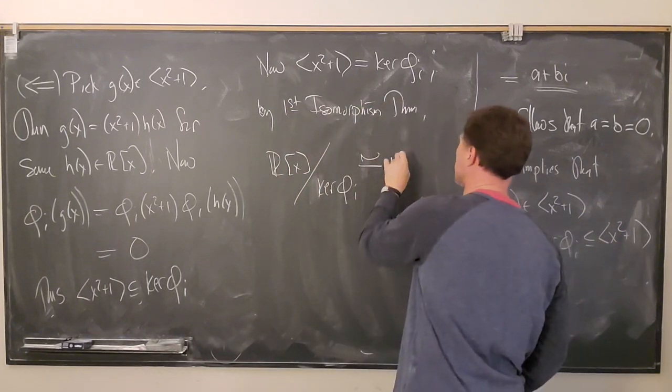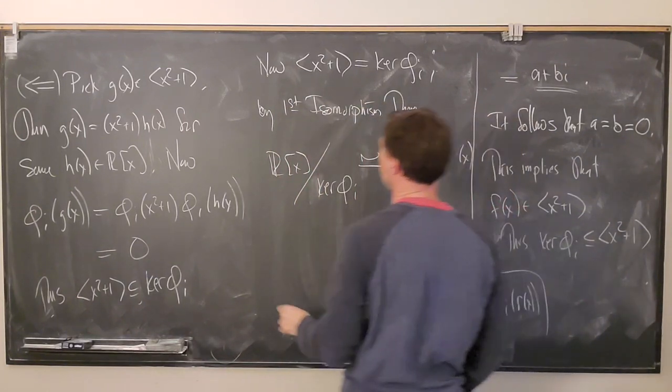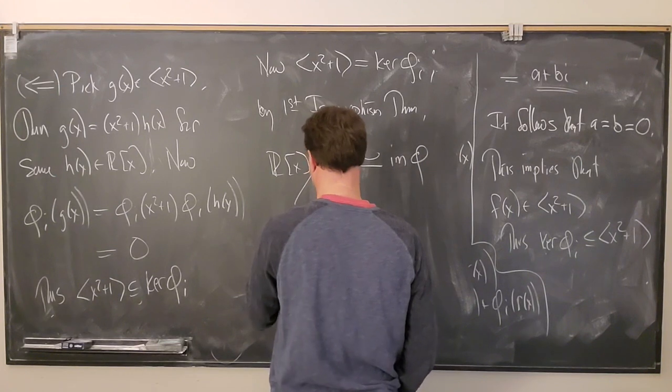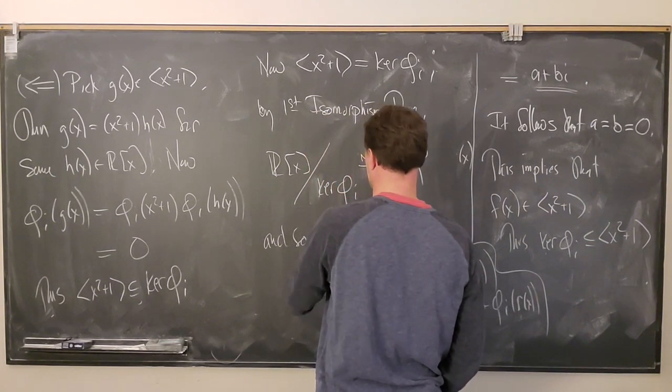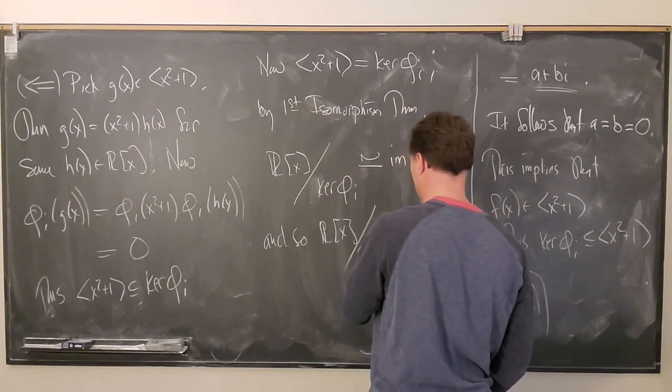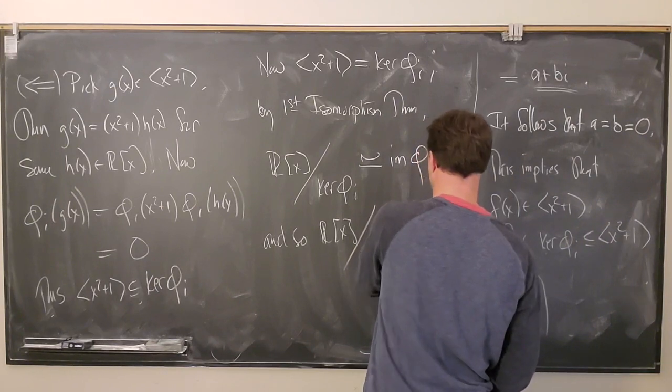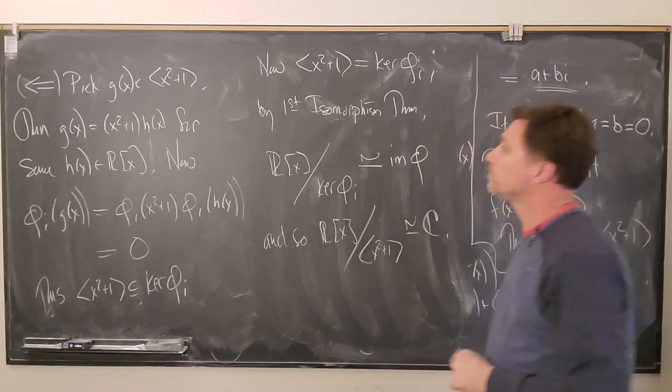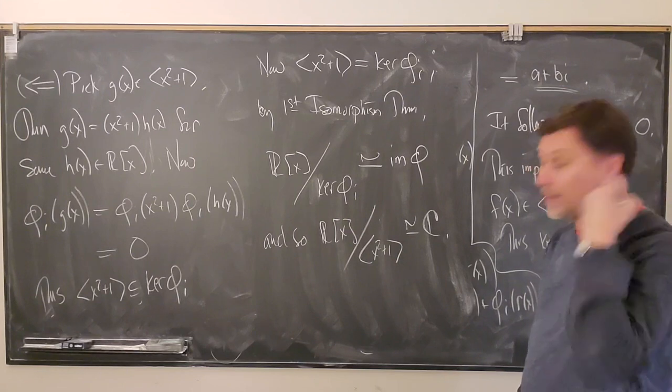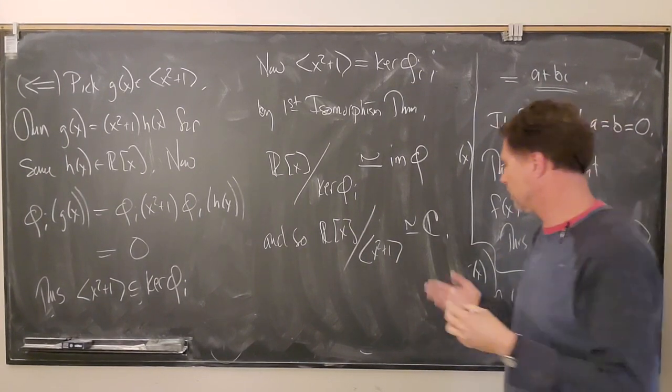Let's write it out like this. And so R bracket x mod the ideal generated by x squared plus 1 is isomorphic to C. That was fun, right? I mean, there's no other way to say it.